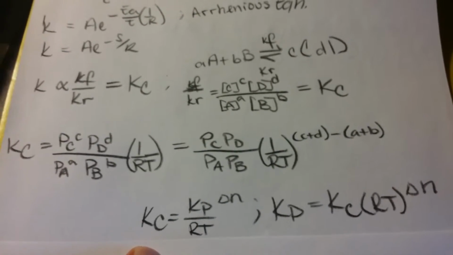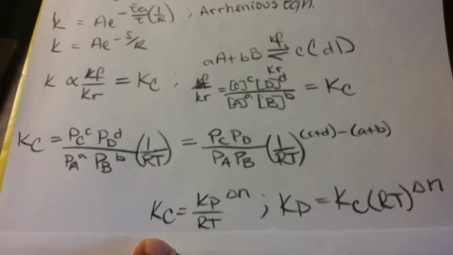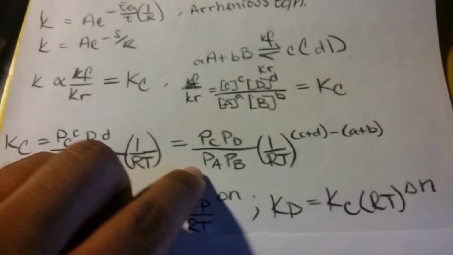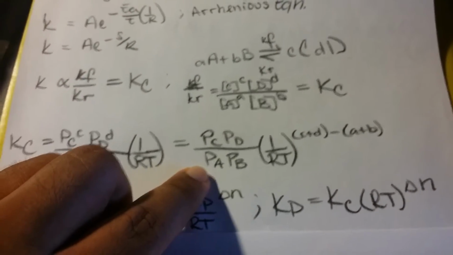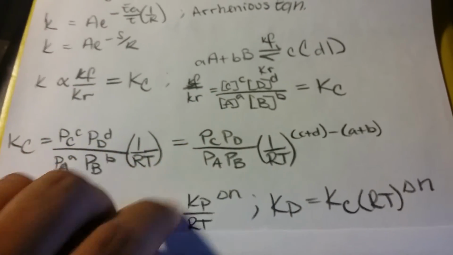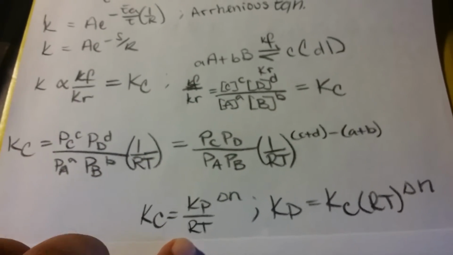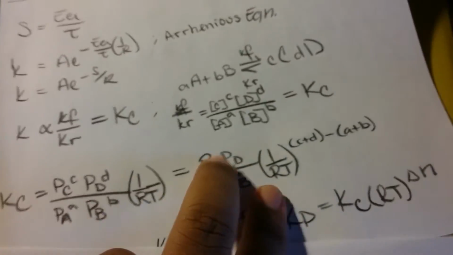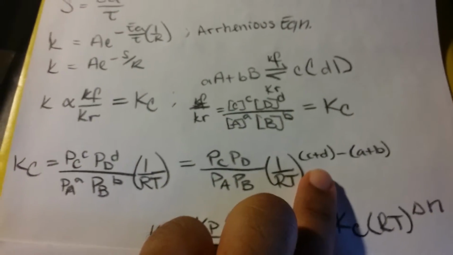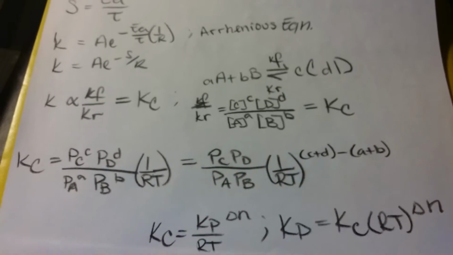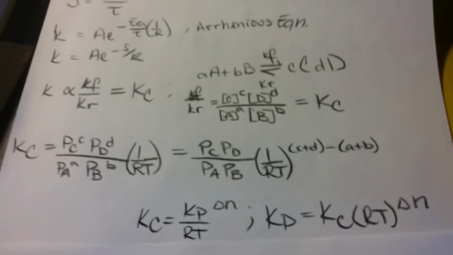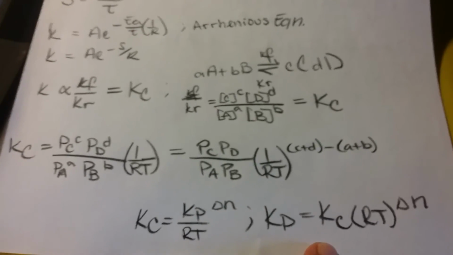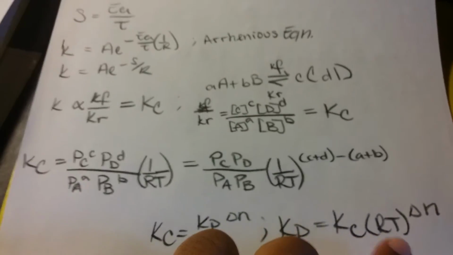So we have Kc, which is the rate constant, times Kp, which is the pressure constant, given to us by the ratio of this function right here over RT times delta n. Delta n is just a simple way of saying the change in powers. We can flip this around and make Kp equal Kc times RT to the delta n.